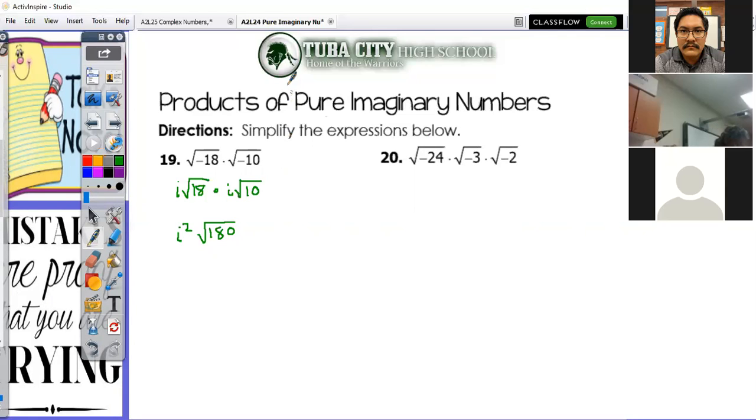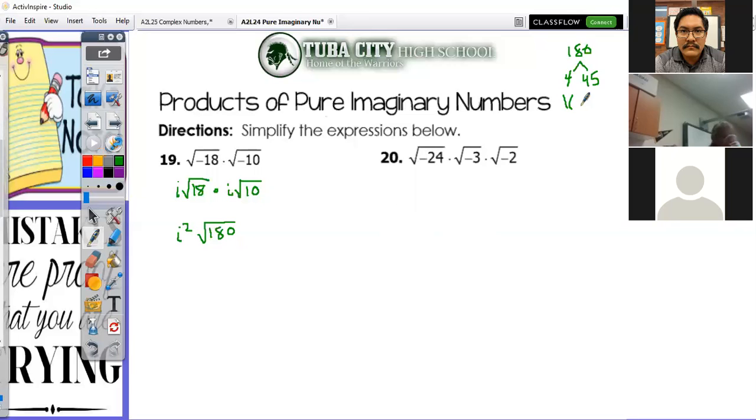Now I need two numbers that can multiply to 180 that are square numbers. So think of a square number. We could try 4. Let's see, that'd be 4 times what would be 180? That'd be 45, which, okay, that might work, but we don't have a big enough number.